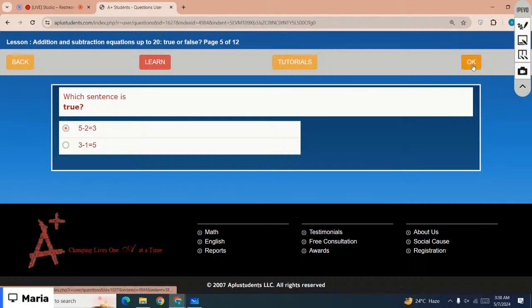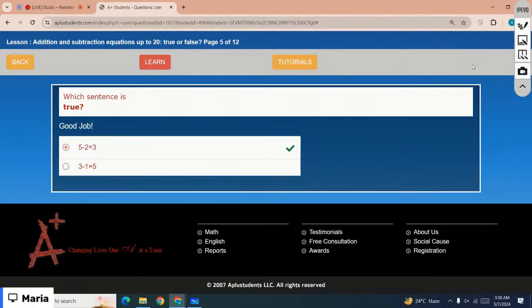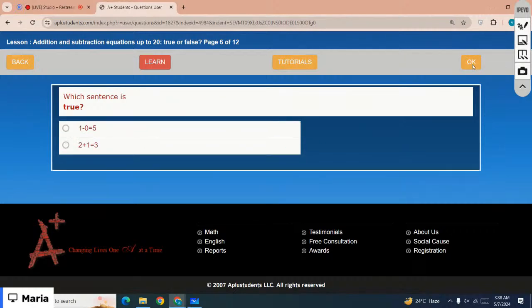Option number 1 is the correct option. Which sentence is true? 1 minus 0 equals 5 or 2 plus 1 equals 3? Which is the correct option?